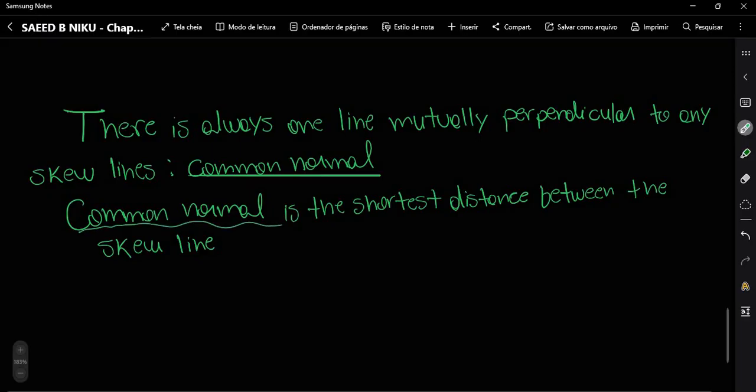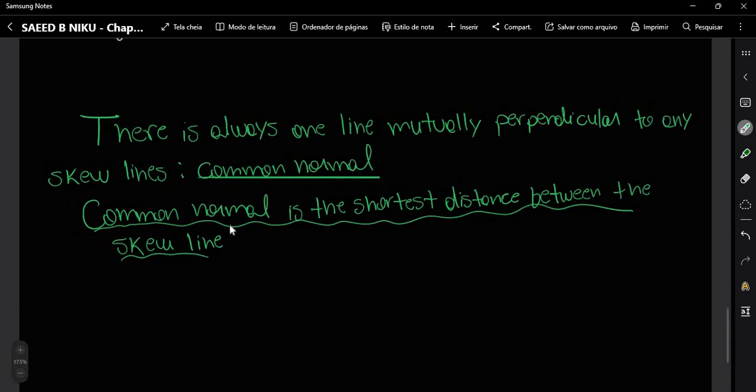Okay, so the normal is the shortest distance between the scale line.